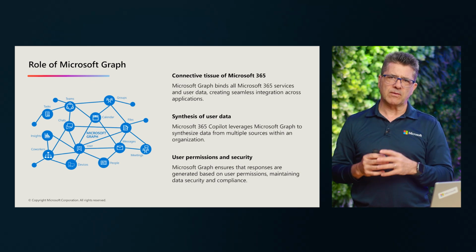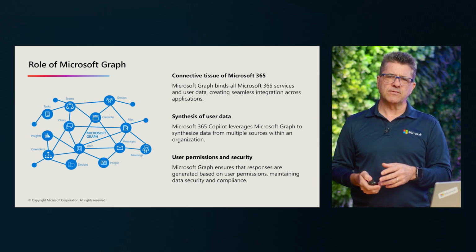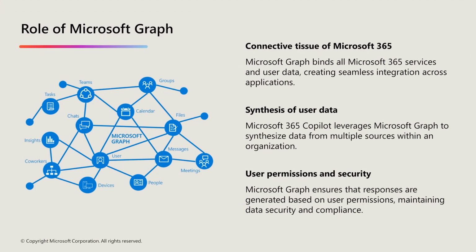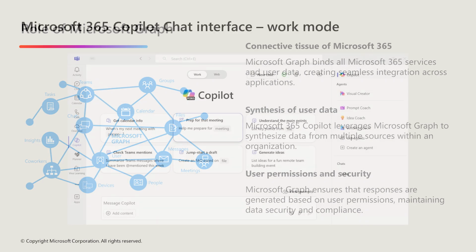It's bounded to my Microsoft 365 services, the data, and the content. So all this synthesis, all this communication, the summarization is done with that data within my organization, and again, based on my permission. If I don't have access, Copilot doesn't have access. If it is a top secret document, Copilot is not going to be able to get to it.